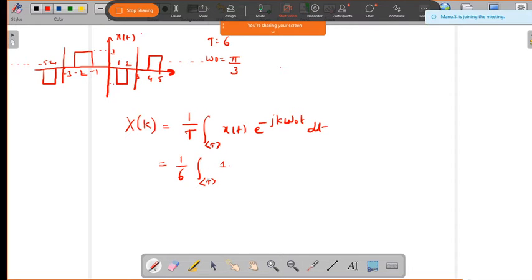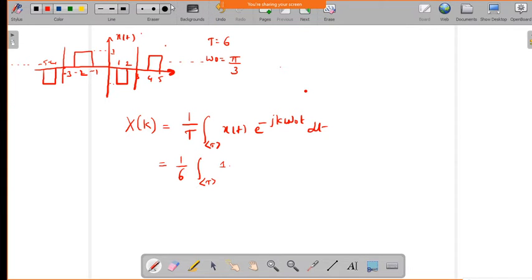So between -2 to -1, this is having amplitude 1, x of t, e power minus jk into omega naught, which we have found out, that is pi by 3, into t into dt.